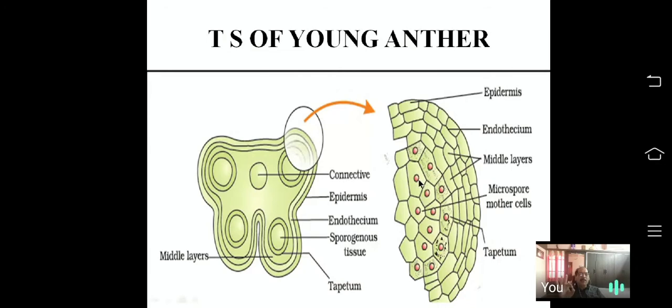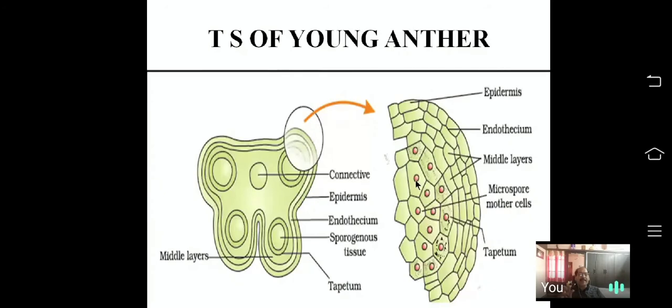Gradually, these pollen mother cells undergo meiotic cell division or reductional cell division. When one sporogenous cell divides, it produces four haploid cells. That cluster of four haploid cells is called a tetrad.